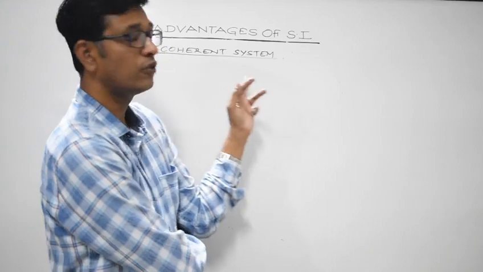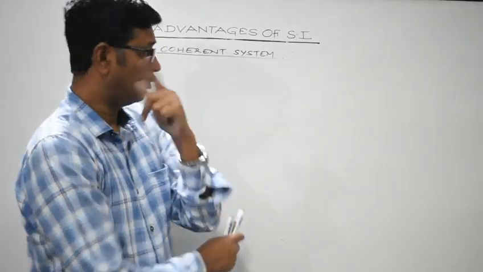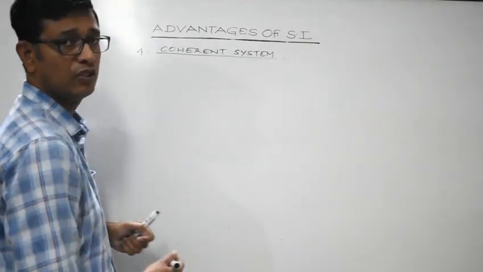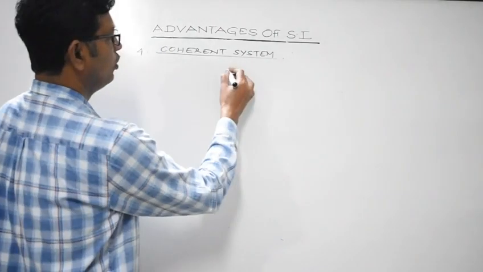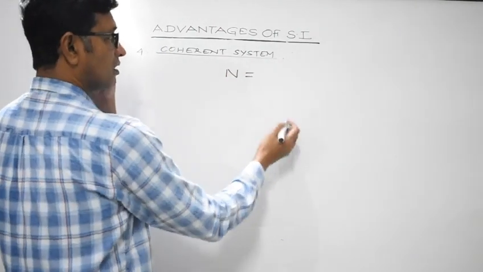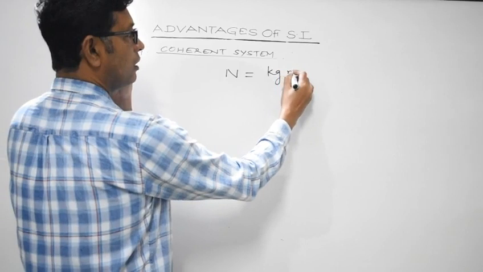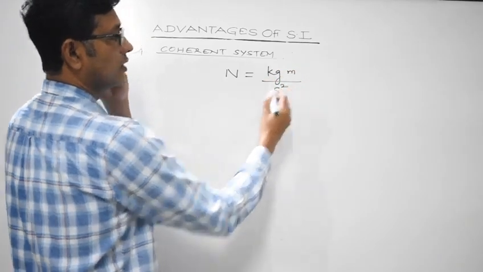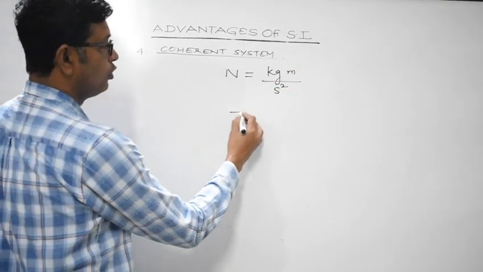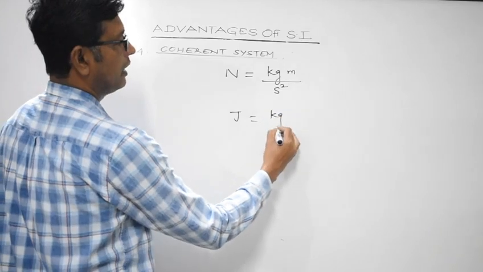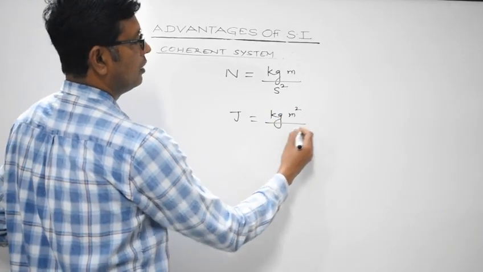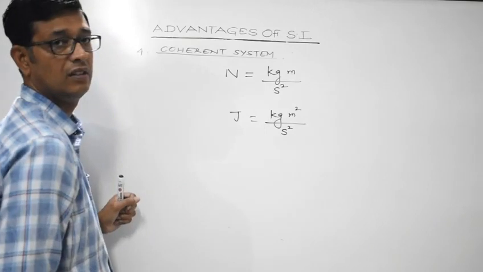So that's the definition of coherent system. For example, again take the case of force or energy. Newton, we have discussed, it's given by kg meter per second square, isn't it? Joule, it is given by kg meter square per second square, isn't it?